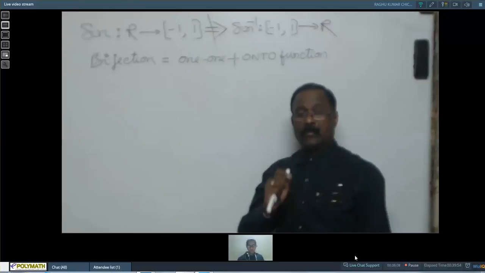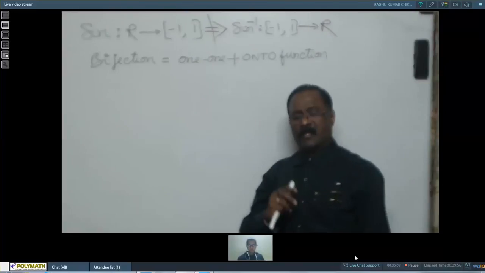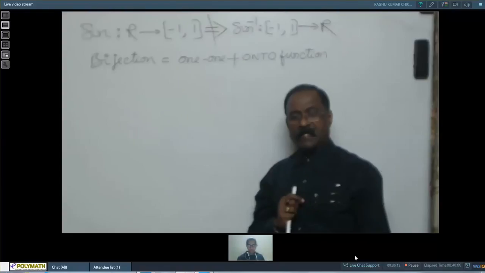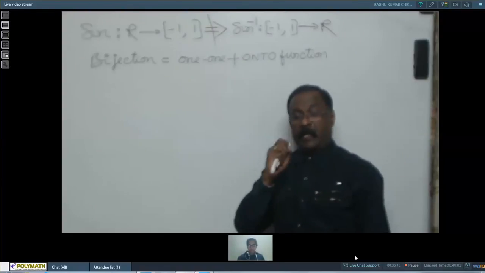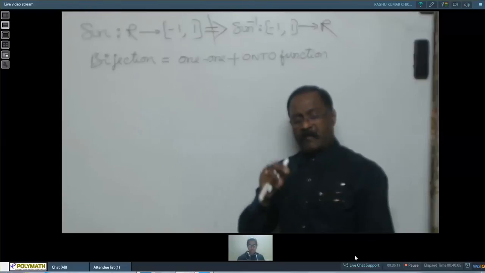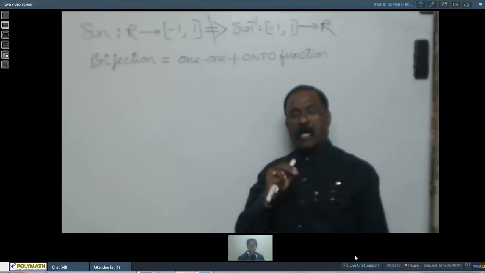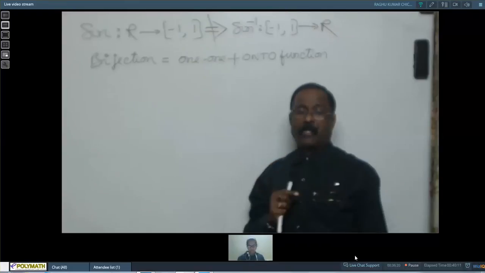A one-to-one function means your classroom is the best example for that. Generally, every student in the class will have a unique roll number. Correct or not?